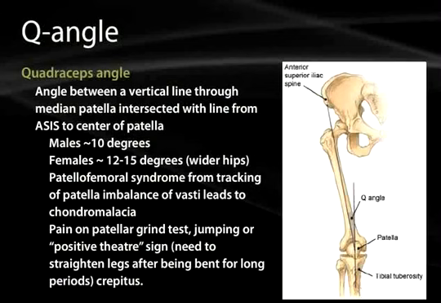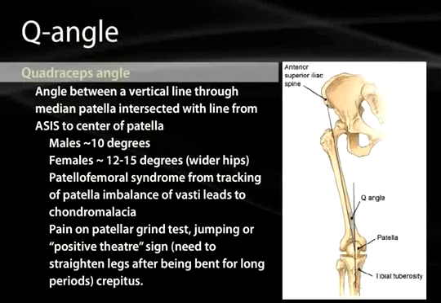Q-angle is something that you'll sometimes hear about in the USMLE question banks, and that refers to quadriceps angle, which is really two intersecting lines. The first line runs from the ASIS through the center of the patella, and the second line runs vertically through the center of the patella.